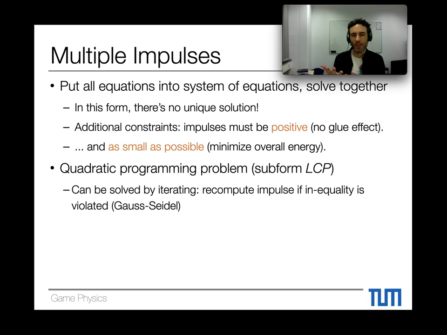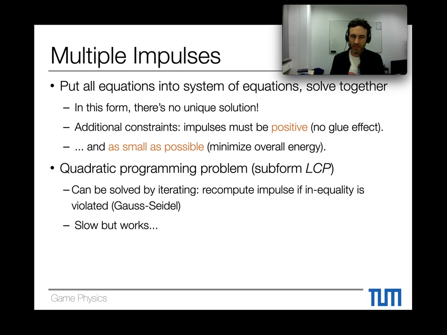So in this case, that could mean we resolve one impulse, apply it, but then we might actually have caused some trouble in another one of them. We pick the next one, apply it, well, then the first one might be invalidated, but we just keep on going and iteratively come back to the first one, continue with the second one, until hopefully on average we have actually found a solution that satisfies all of them.